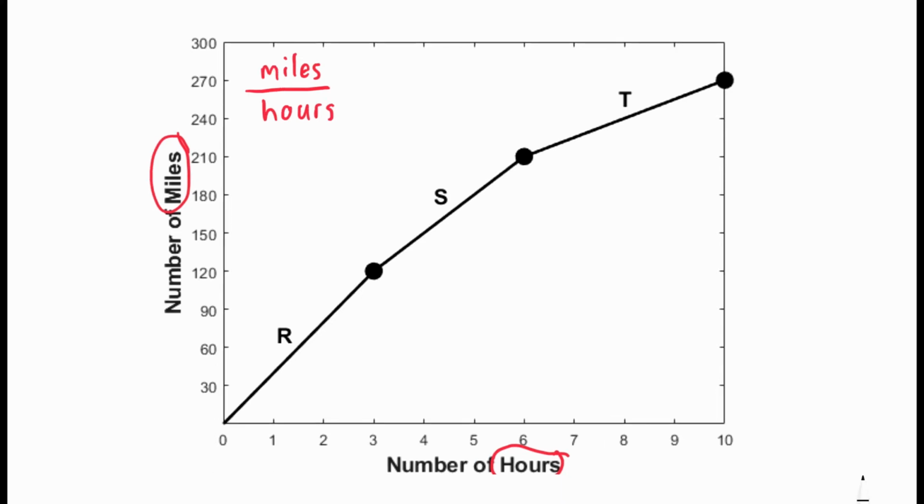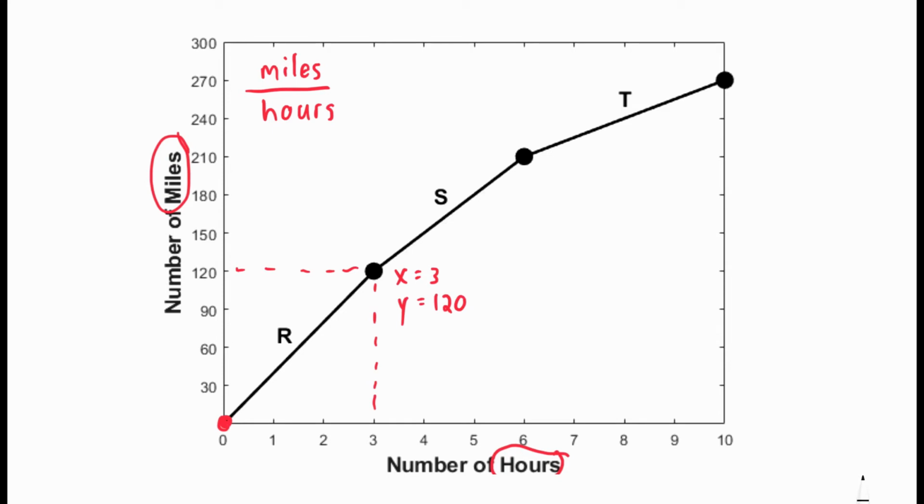Let's just calculate the slope of part R of the graph. In this case, we have 2 points. Our first point is that x equals 0, y equals 0. Our second point is that x equals 3, y equals 120. If you go back to the first video and you remember how to calculate the slope, we're just looking at rise over run. So to go from the first point to the second point, how many y units do we have to go up?